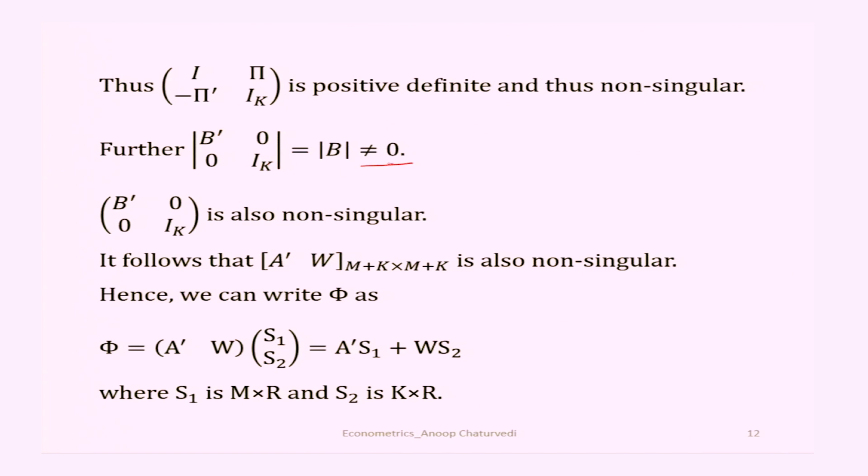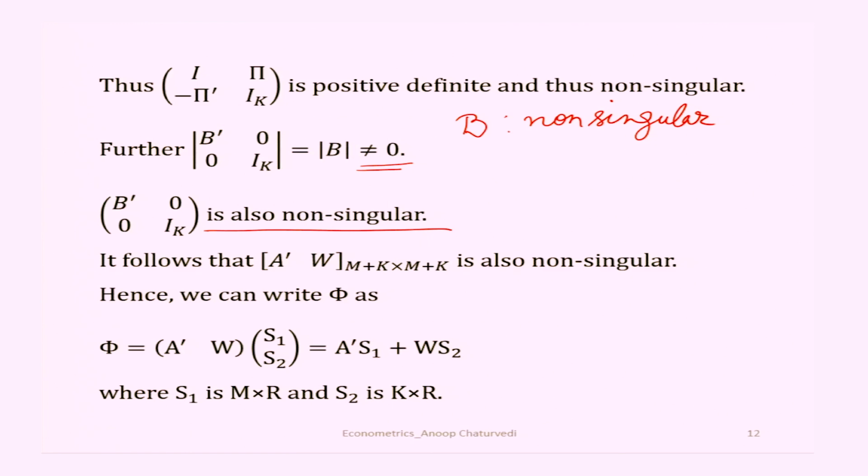Again, this is also not equal to 0, because we assume that B is a non-singular matrix. So, this matrix B transpose 0 I k is also non-singular matrix.